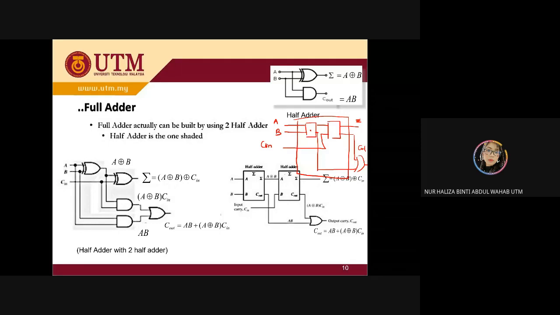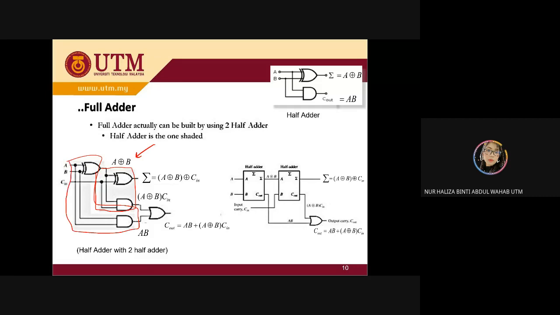So this is the connection, how you connect basically your half adder to be your full adder. In terms of circuit, it looks like there is a half adder here and there is another half adder, and you add using the OR gate.